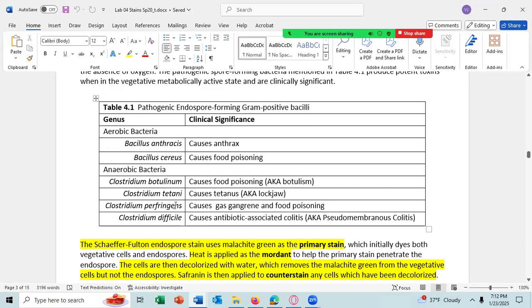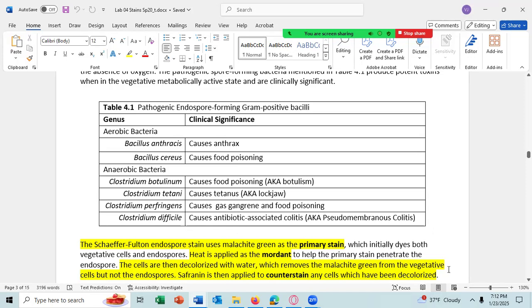And then when the environment changes and becomes favorable for the bacteria to grow, the bacteria come out of the endospore and then grow, and that would cause the patient to become sick again with diarrhea. Antibiotic-associated colitis. Any question about any of that?